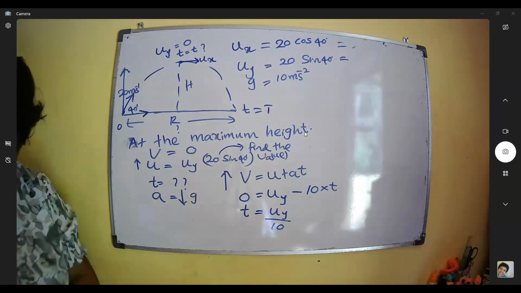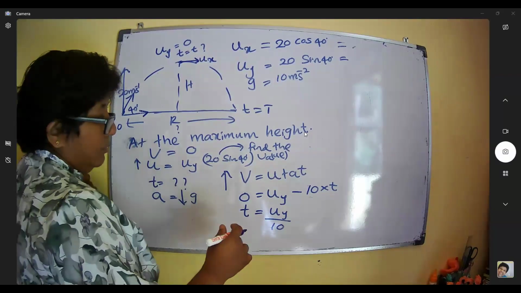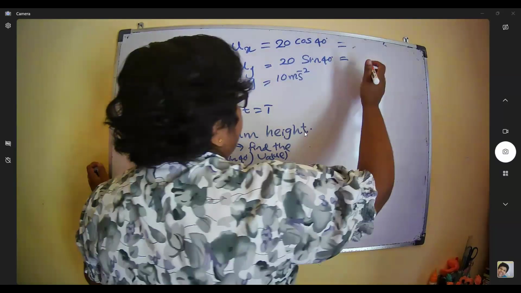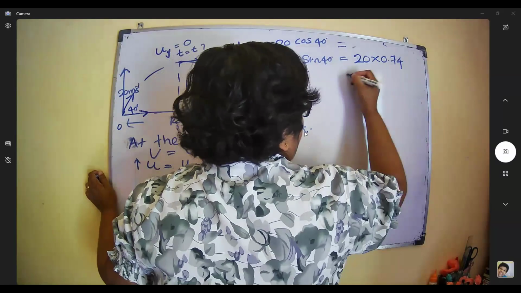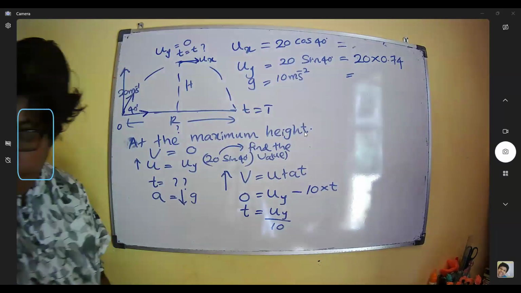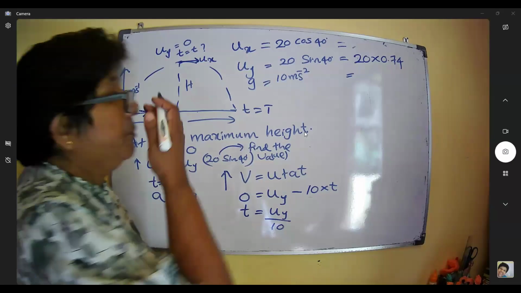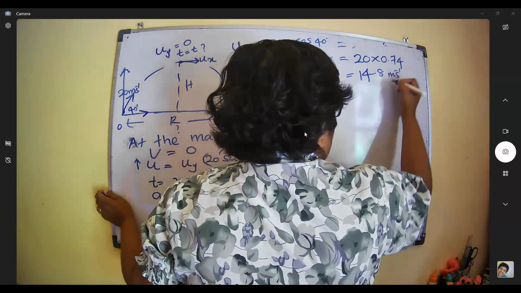Sine 40 is 0.74. 20 times 0.74 is 14.8. Check the answer, right?